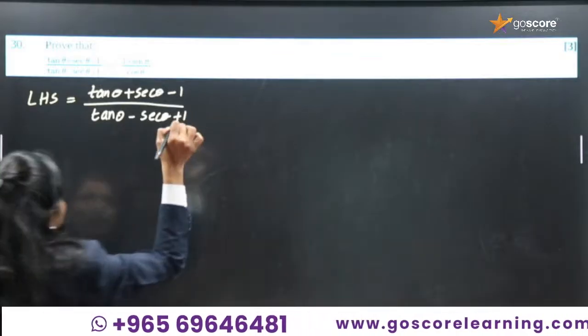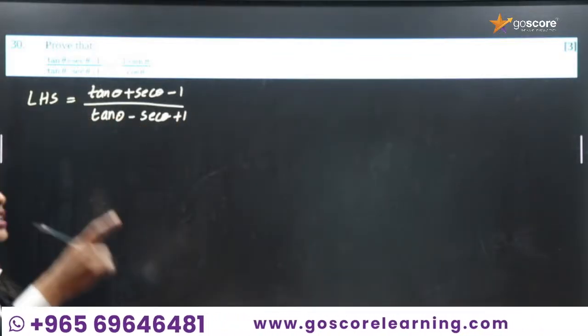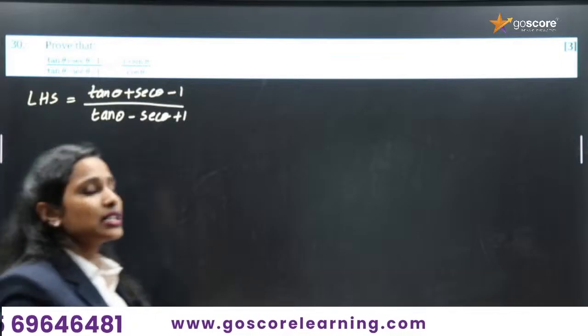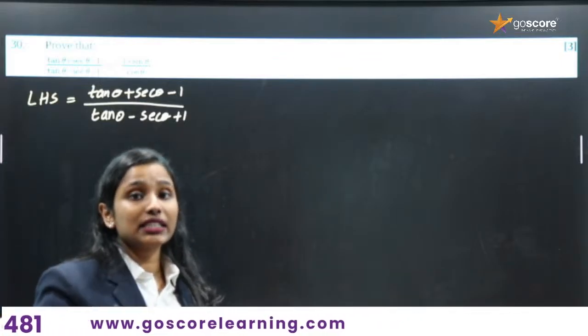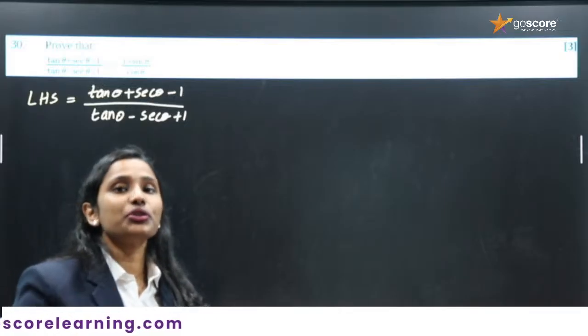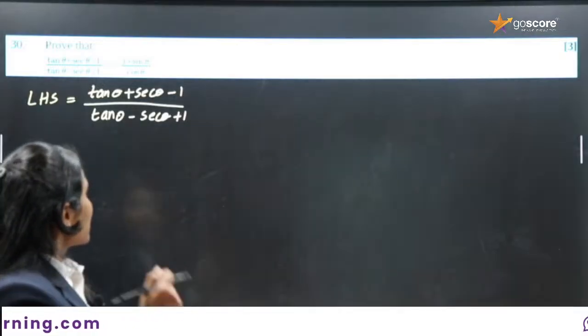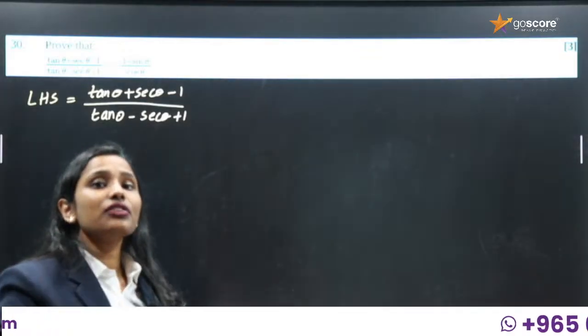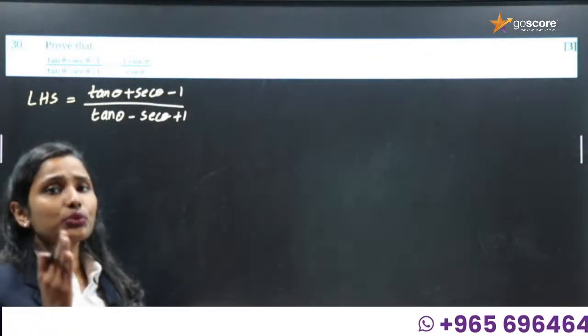The key step of this question is we are substituting the 1 in the numerator by the identity which contains sec and tan. Okay, we are going to substitute sec square theta minus tan square theta instead of 1. That is the only thing you need to remember.